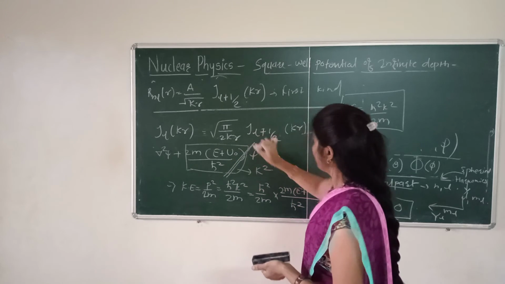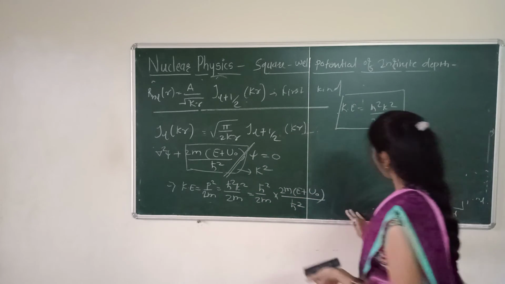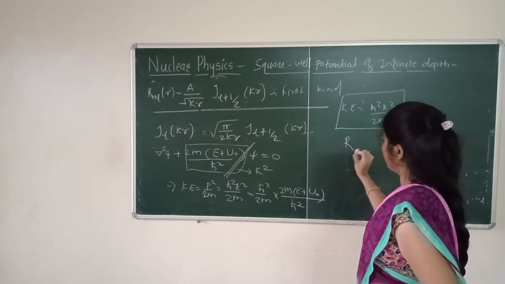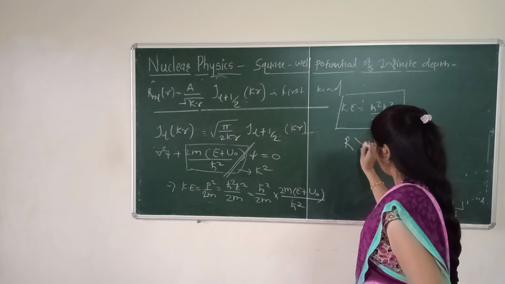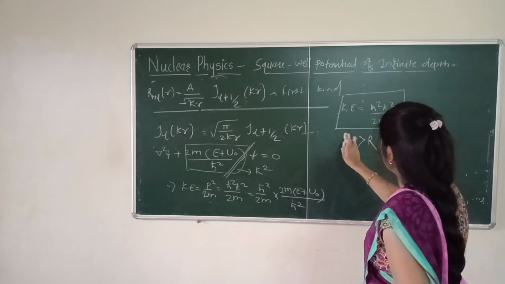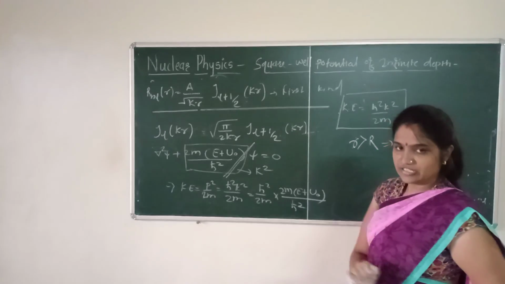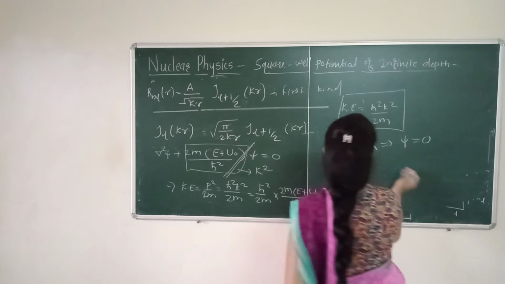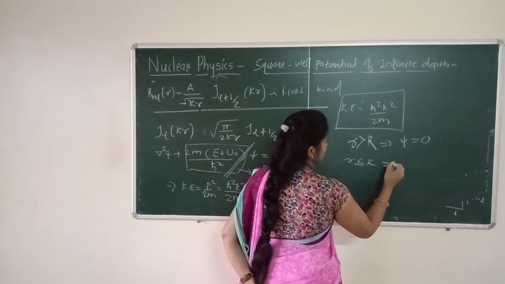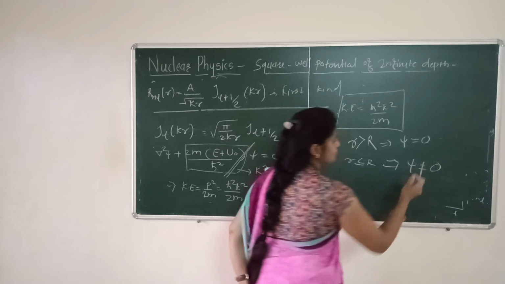Okay, and you can say that when r is greater than R, then that solution psi will be 0, and when r is nearly equal to R, then psi is not 0.